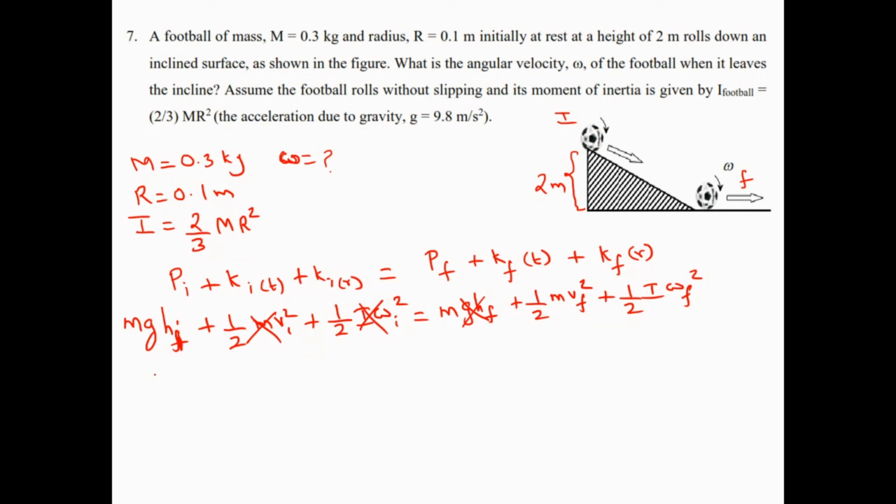So what are the remaining things we have? m g h_i, which is equal to half m. I'm going to convert this linear speed because we already studied v, which is equal to r omega. I have to change everything in terms of angular speed, because we are going to find the value of angular speed.